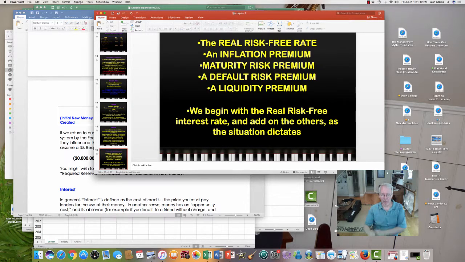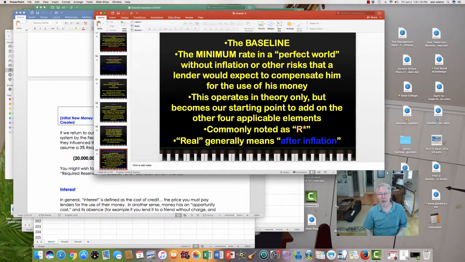So we are going to start with what's known as the real risk-free rate. Okay? Real. When you hear the word real, that means no inflation. Now, in a perfect world with no inflation, and we know that does not exist, okay, the real risk-free rate would be that level of interest that you would expect at a minimum for the temporary absence of your money by loaning it to someone else.